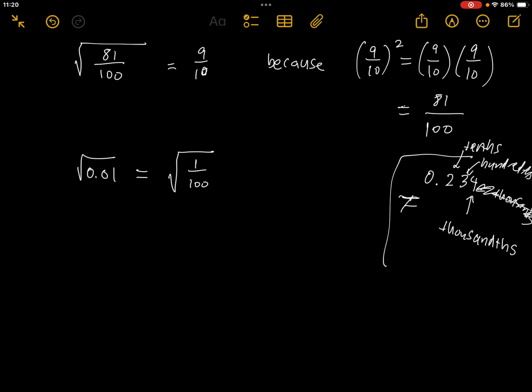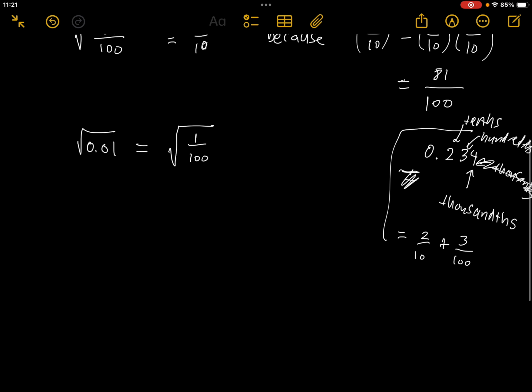And what that means is it's 2 tenths plus 3 hundredths plus 4 thousandths. If you add the fractions by getting a common denominator, 2 over 10 is the same as 200 over 1,000. 3 over 100 is the same as 30 over 1,000.